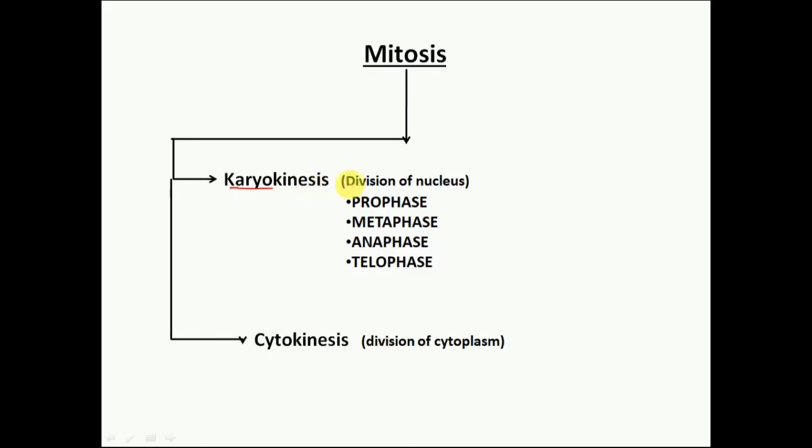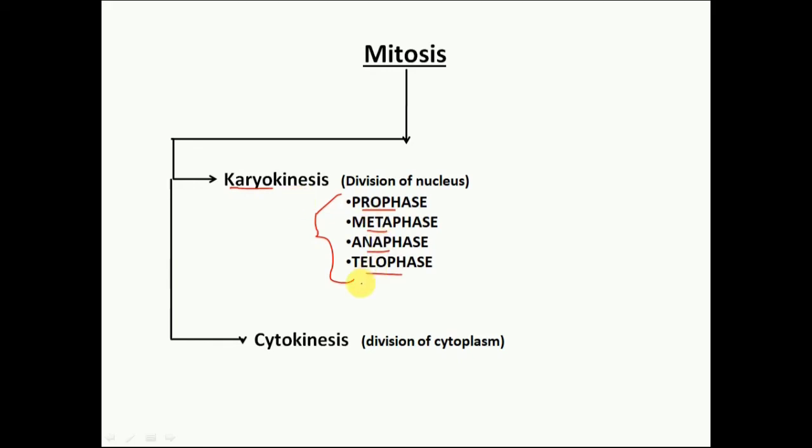Karyokinesis consists of four phases. The first is prophase, metaphase, anaphase and telophase. In the next part we will study all these phases in detail. So just to remember this: prophase, metaphase, anaphase and telophase. These are the phases which are involved during the process of karyokinesis.